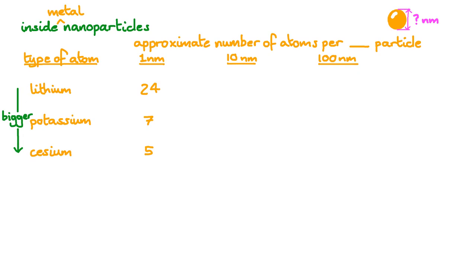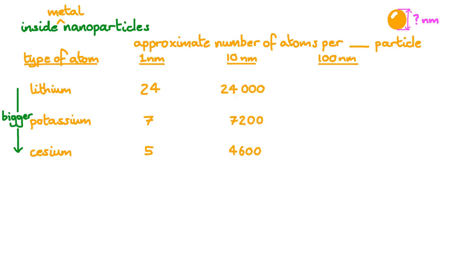In a 1 nanometer lithium particle, we'd expect about 24 atoms, but a 1 nanometer particle of cesium would only have 5. A 1 nanometer particle has a strict volume. We can fit fewer big atoms and more small atoms in the same volume.